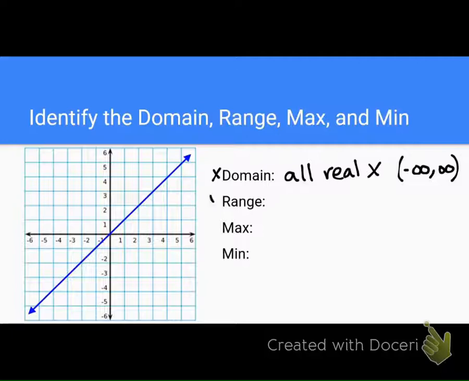Okay, and then similarly the range, which is our y values, I will eventually get all different y values for this function, so I would say, again, my range is all real y, or I can write that as the interval from negative infinity to infinity.